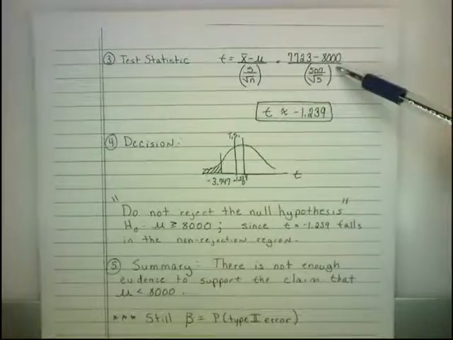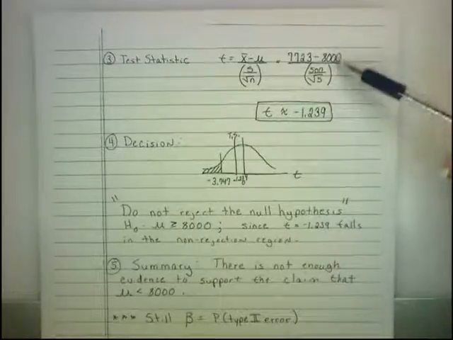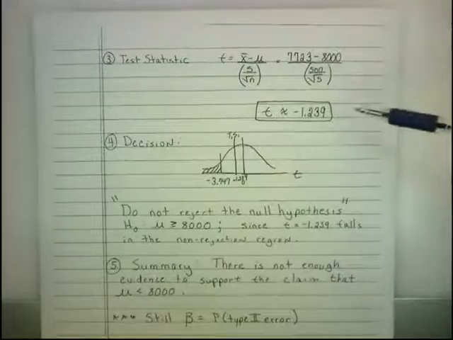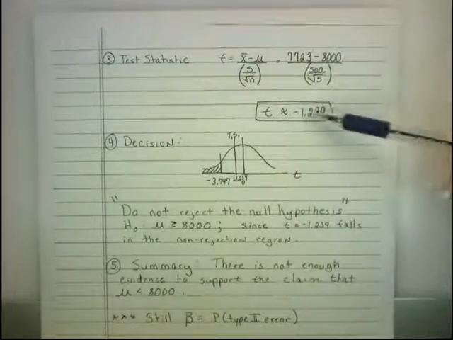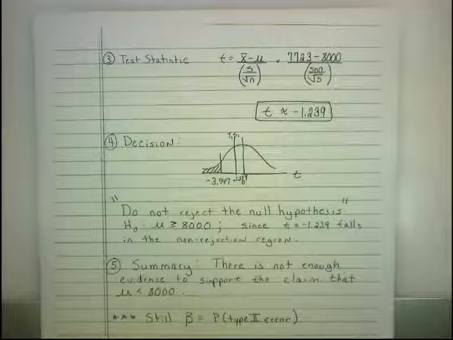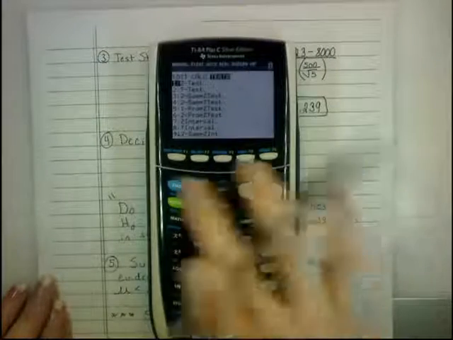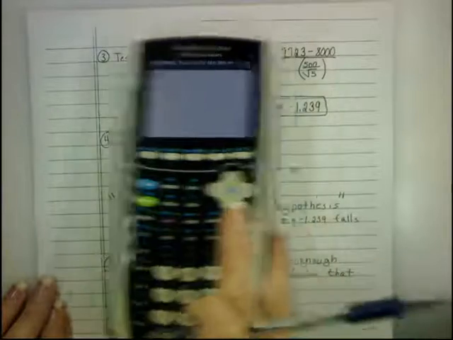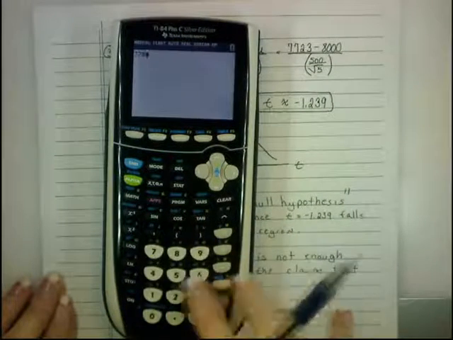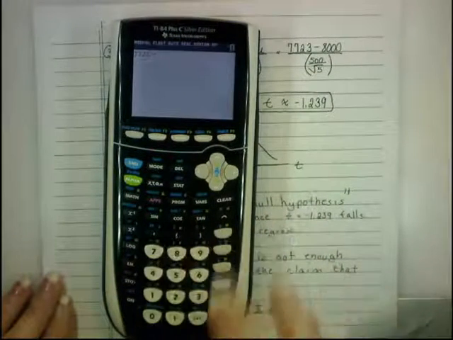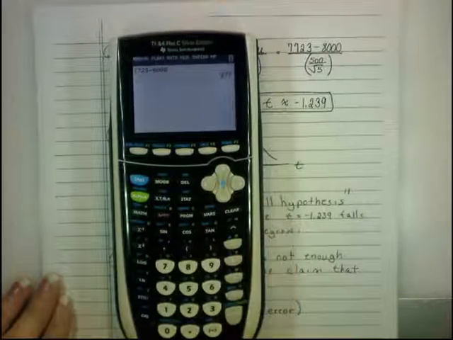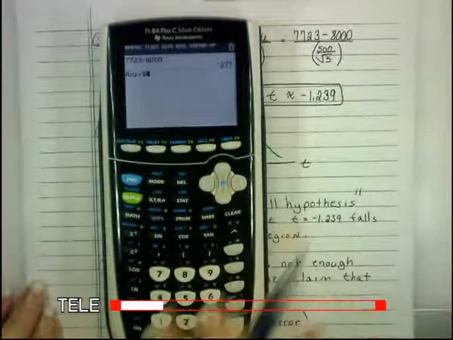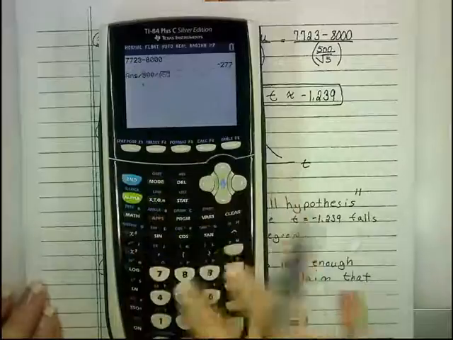It was less than 8,000 was the claim, and then my sample mean. And to 3 places accurately, you get negative 1.239, and I'll put that in the calculator. And you put that test statistic in your picture. But that's 7723 minus 8,000 divided by 500 over the square root of 5.